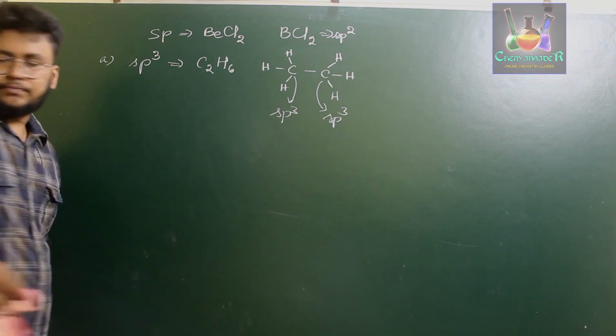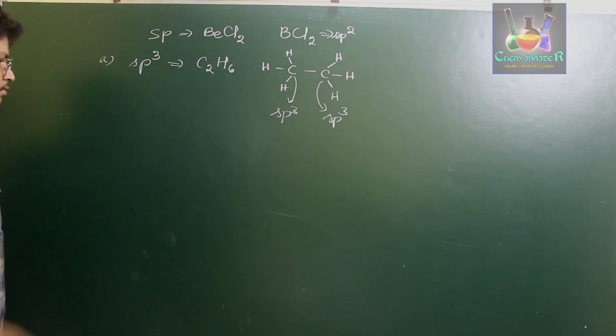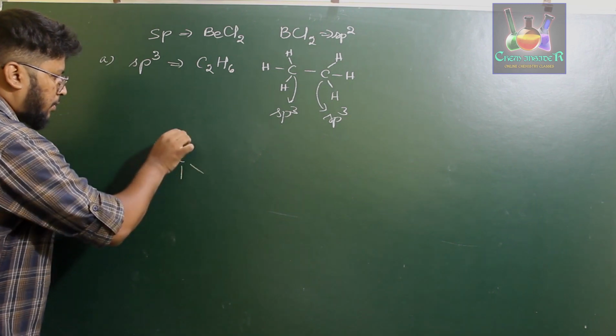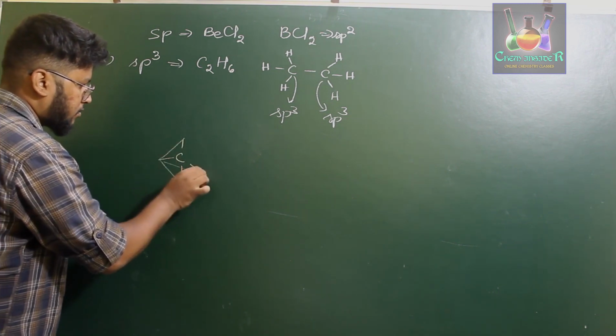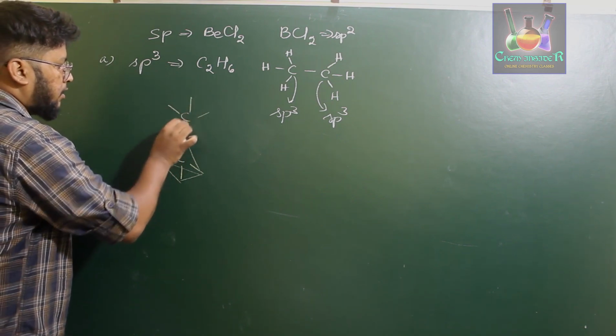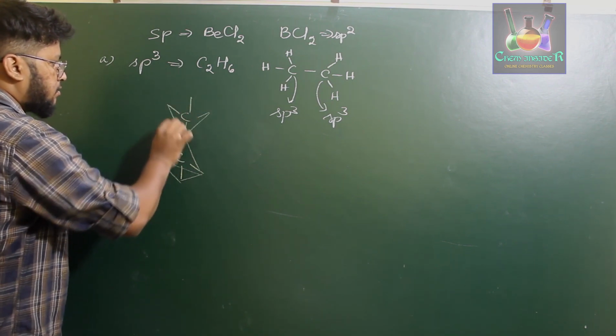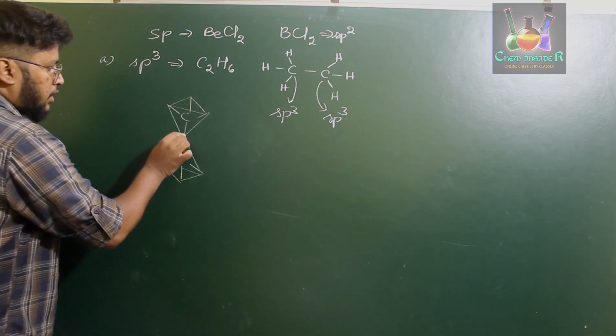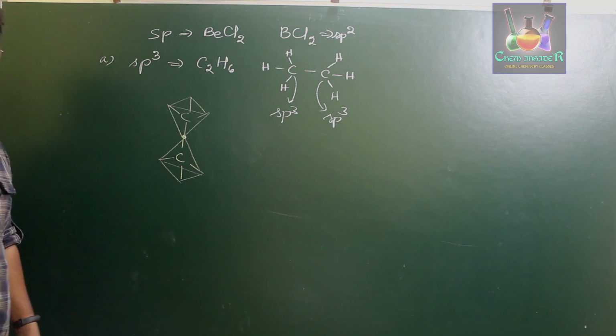So if you consider a carbon atom forming a tetrahedral geometry like this, and one more carbon atom forming a tetrahedral geometry like this, both these tetrahedral geometries are attached to one another at the carbon-carbon bond.